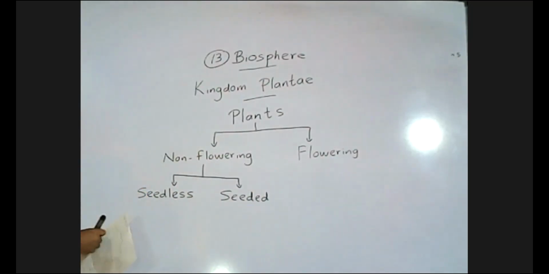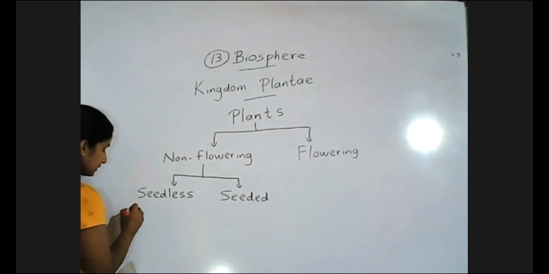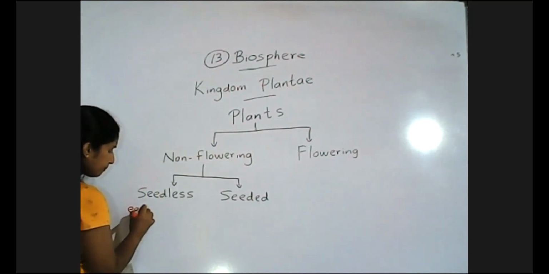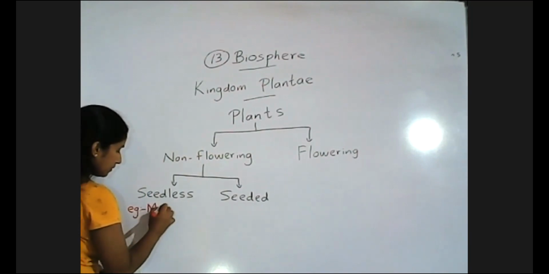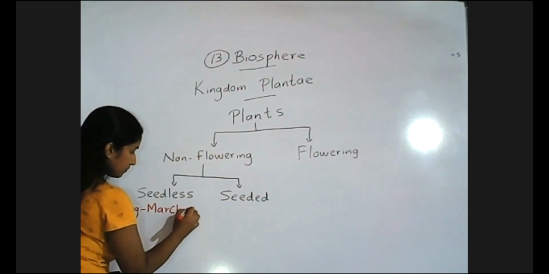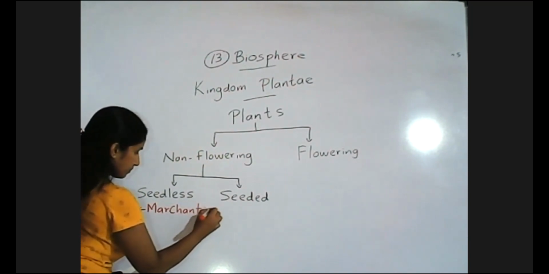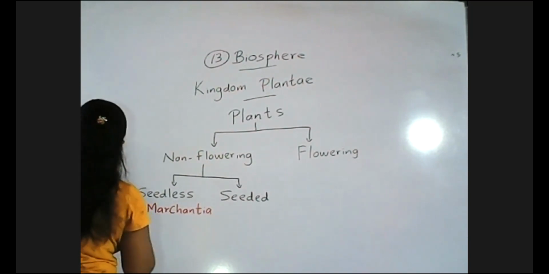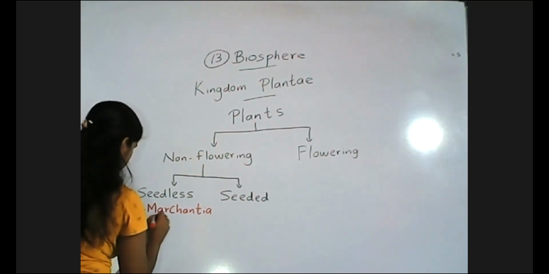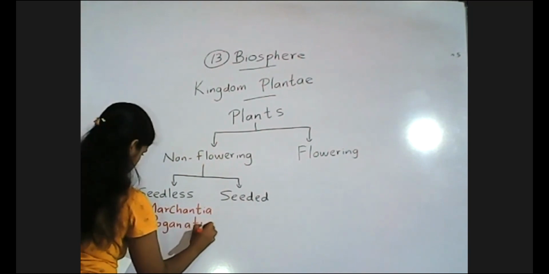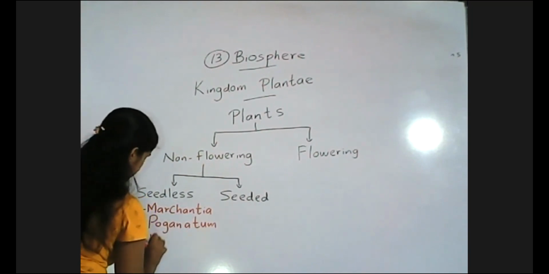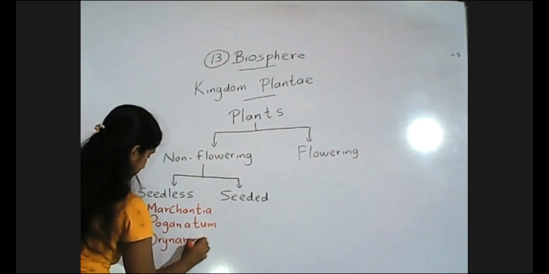I think you can remember the examples for seedless. What are the examples? The very primitive plants that we can identify: Marchantia, Pogonatum, Dryopteris.